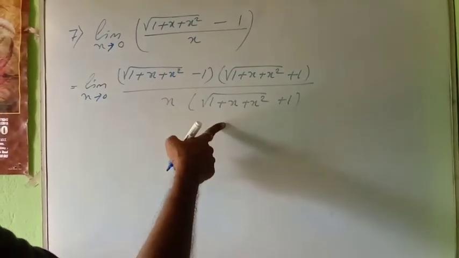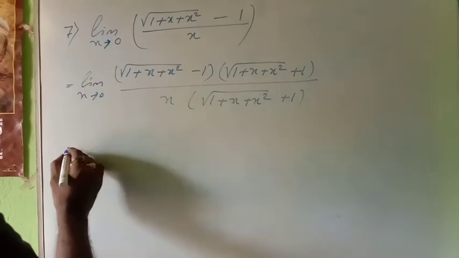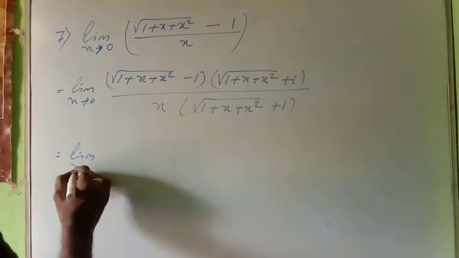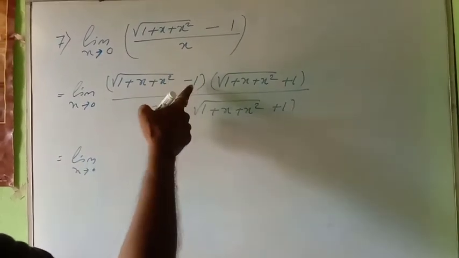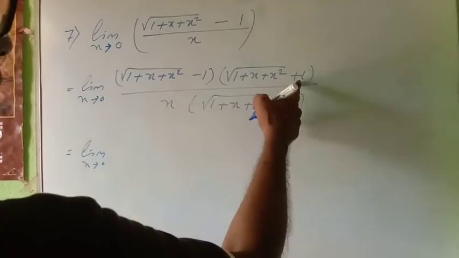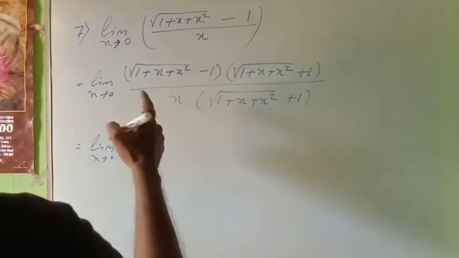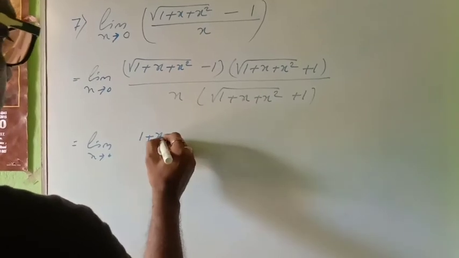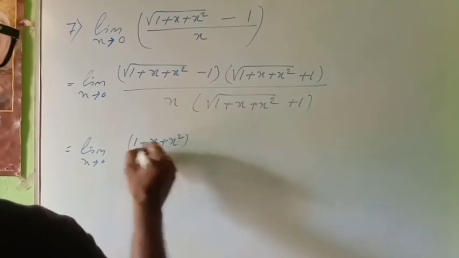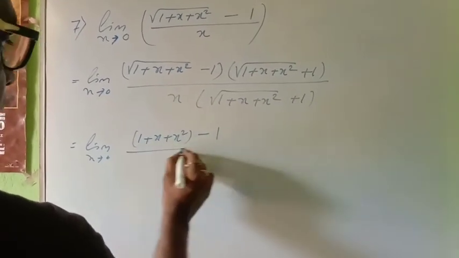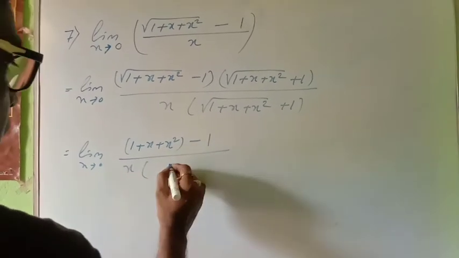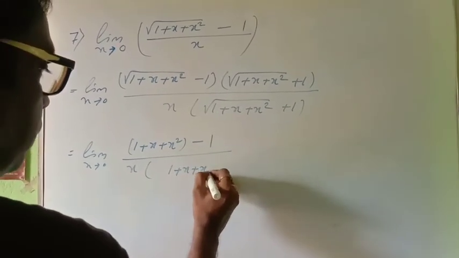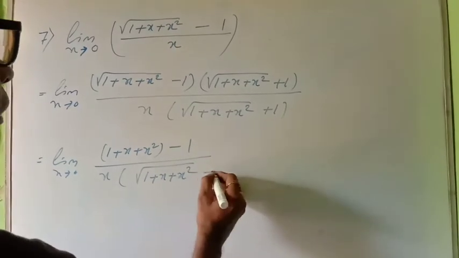Why multiplying? To cancel the root sign. As you know, a minus b whole into a plus b is a square minus b square. So the root will vanish: 1 plus x, then minus 1. And the denominator is x whole into square root of 1 plus x plus 1.